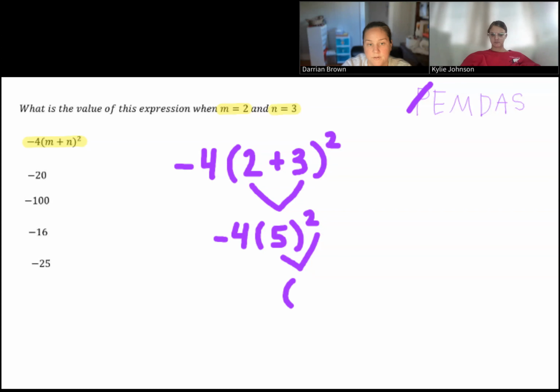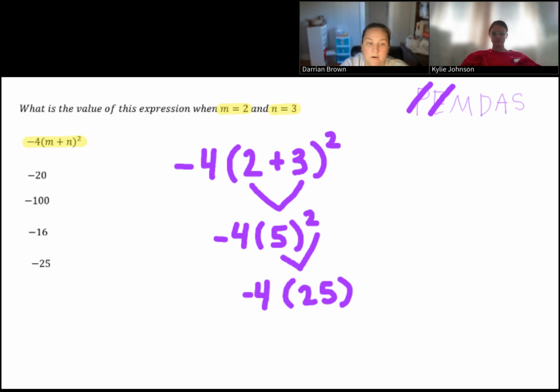So let's keep that in parentheses, and then copy down what we didn't use, which was the -4. Okay, we don't have any more exponents, so we can cross out that operation and move on to the next one. The next one is multiplication and division.